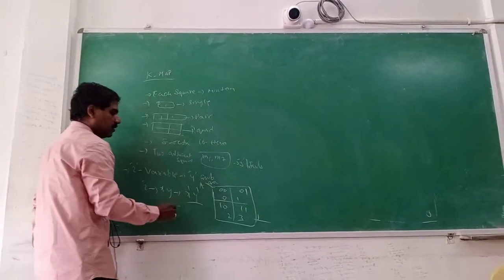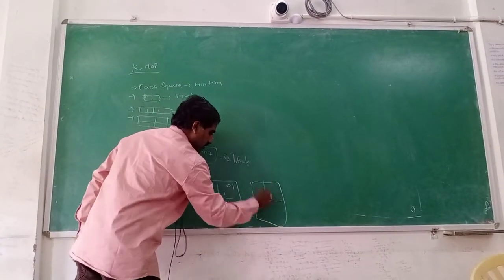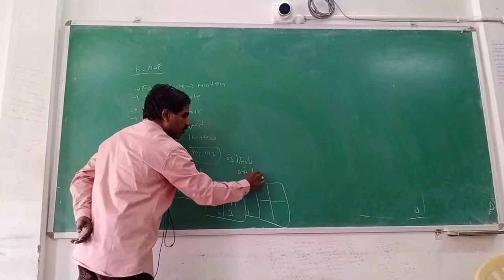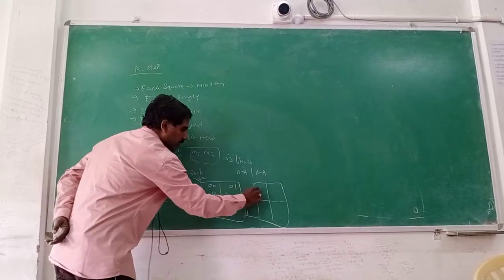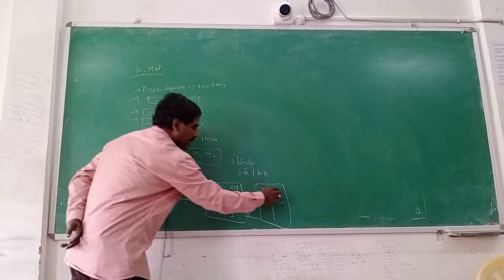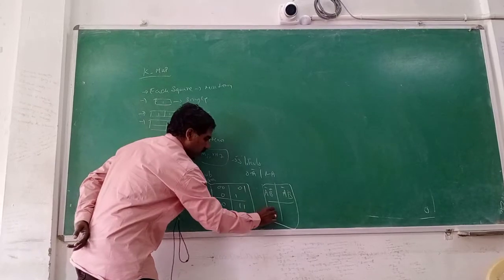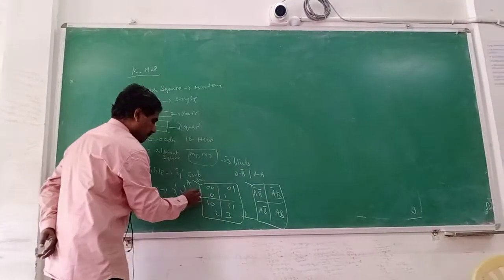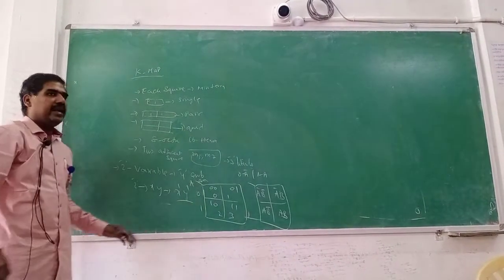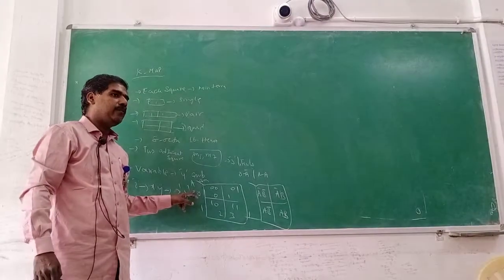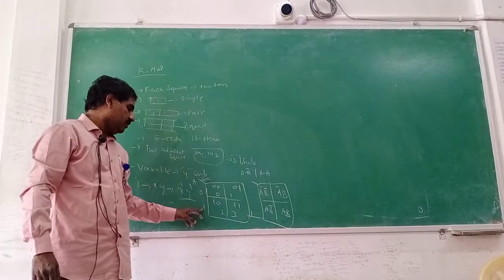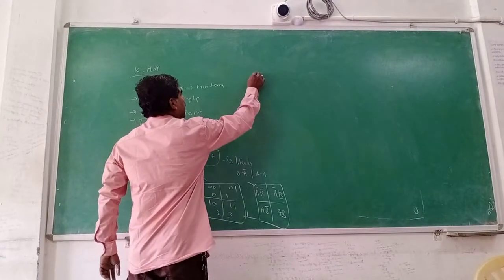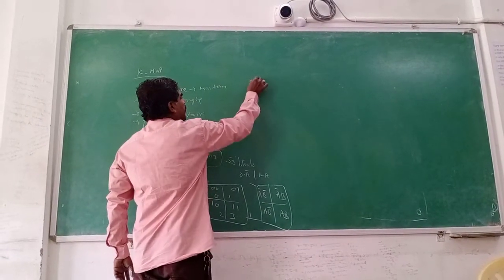Again you draw A and B: 0 means complement, 1 means uncomplement. 0 0 is A bar B bar, 0 1 is A bar B, 1 0 is A B bar, 1 1 is A B. We can write the theory as A is unprimed in column 0 and primed in column 1. Another one is we have to solve the equation f of AB is equal to sigma 0, 2.